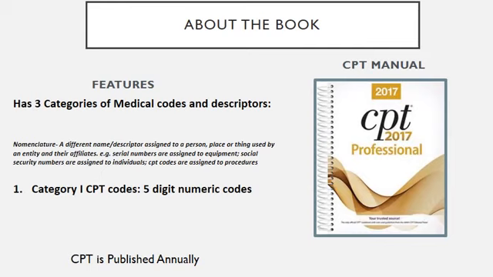Example: serial numbers are nomenclature for equipment. Social security numbers are nomenclature for individuals. CPT codes are nomenclature for procedures. Okay, so do you see how that happened?